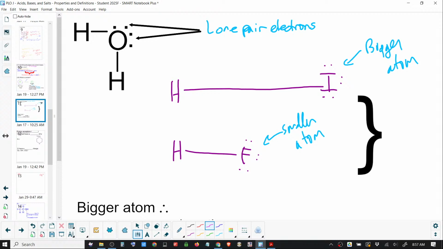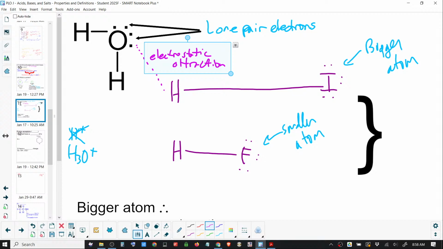Now, the attraction we're looking at, because remember, we're not looking at H+, we are looking at H3O+. So hydrogen needs to be attracted to there. Electrostatic attraction.